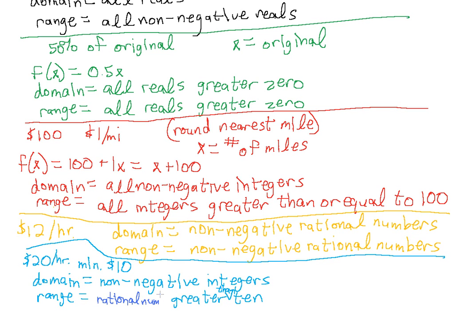So if he mows a yard in an hour and a half, he's going to get paid a fractional amount of dollars. Just like up here, if your pay is based on an hour, you're going to get paid in some dollars and cents, which is technically a rational number. So our range here would be rational numbers greater than 10.